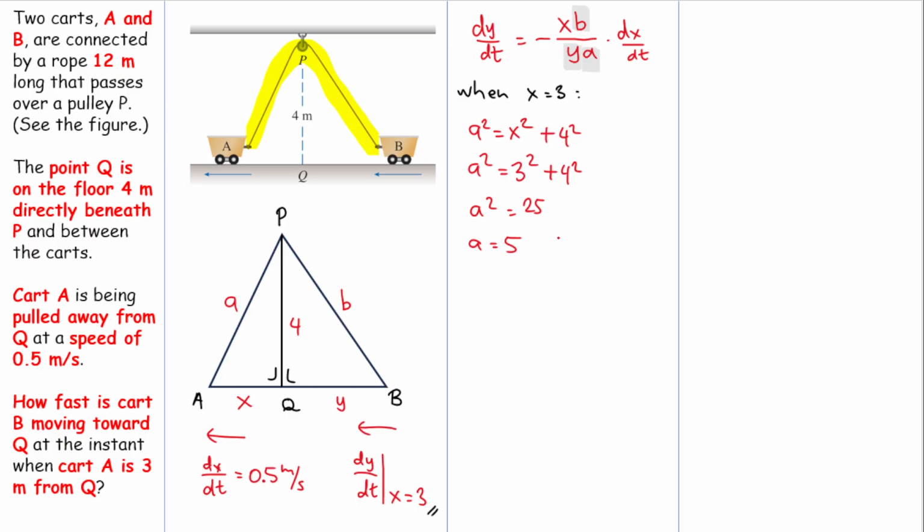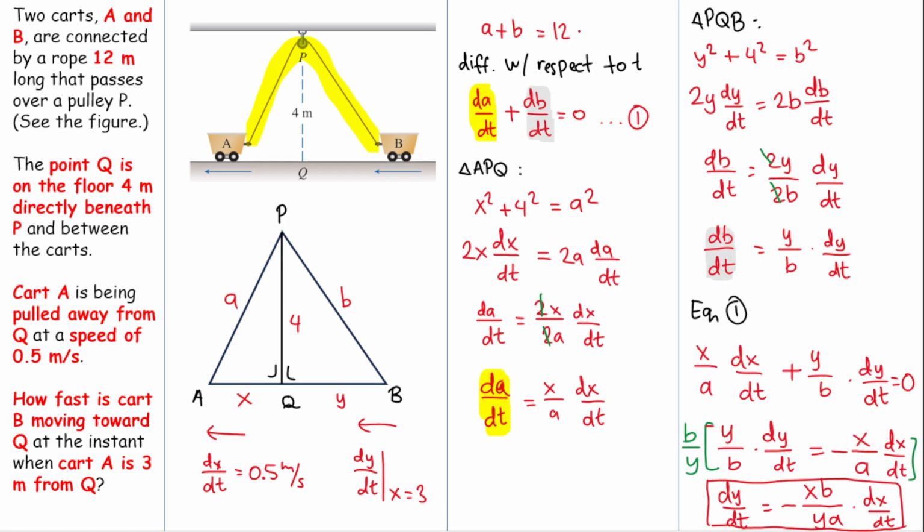But then if a is equal to 5, remember that a is this part of the rope, b is this part of the rope, and the length of them is 12 meter. So I know that b here has to be 7, because a plus b has to be 12. Remember this one here.